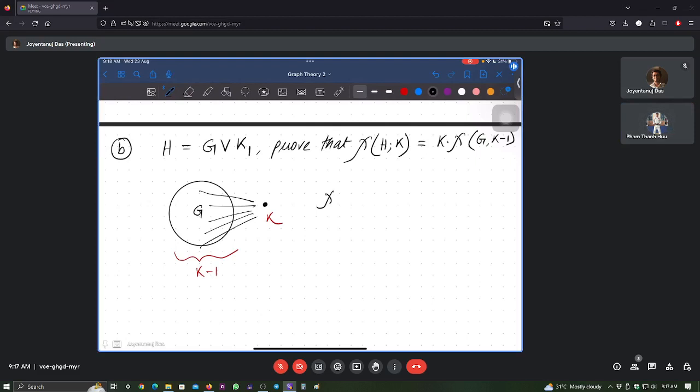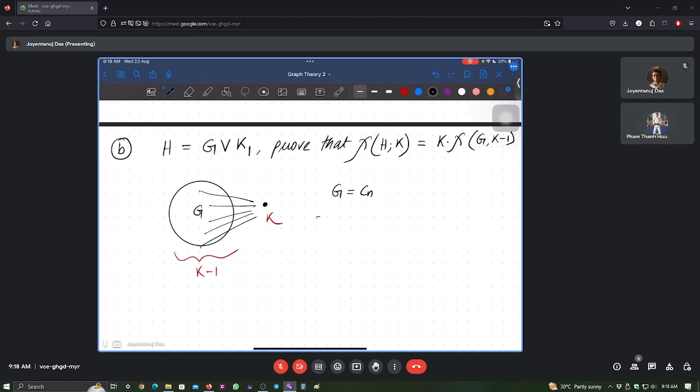So this one follows. But why is this particular observation useful? If I choose Cn, the cycle, as my original graph instead of G, then what happens?